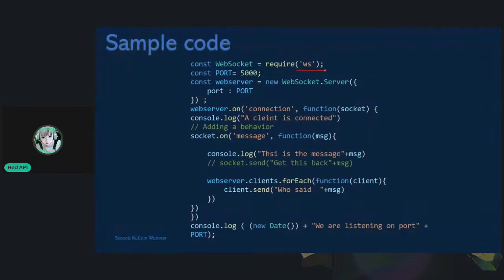First I imported the WebSocket module. I defined a port, and also I defined a web server variable using the WebSocket server module, which I already got from the WebSocket library here.